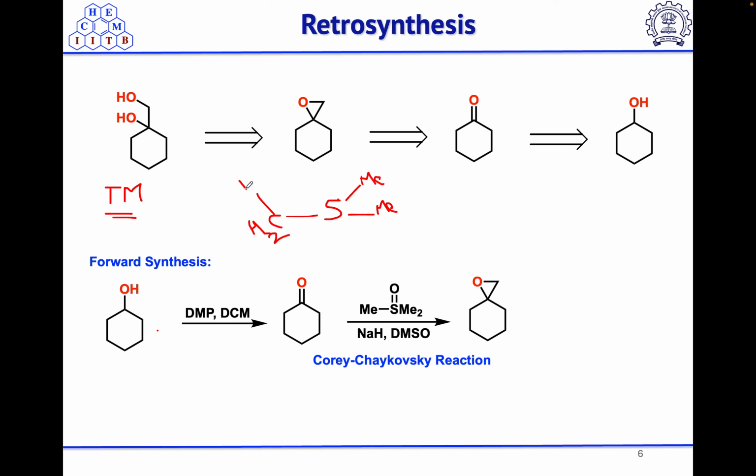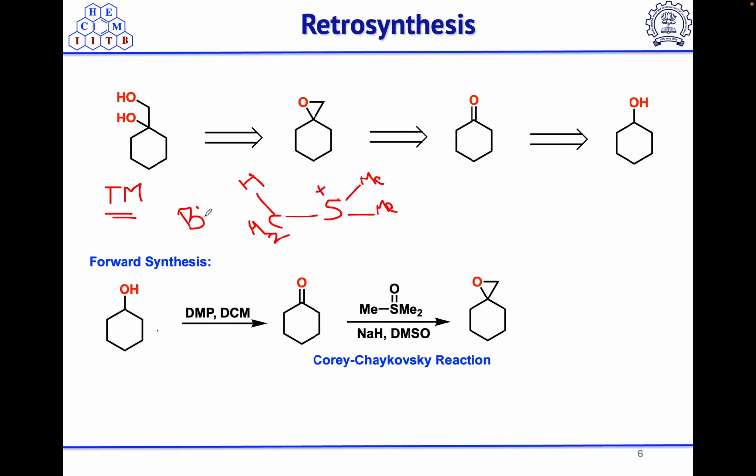The sulfur will bear a positive charge. So this is the trimethyl sulfur, right? Trimethyl sulfur. If you treat this compound with a base like sodium hydride, that base will take this proton, right?